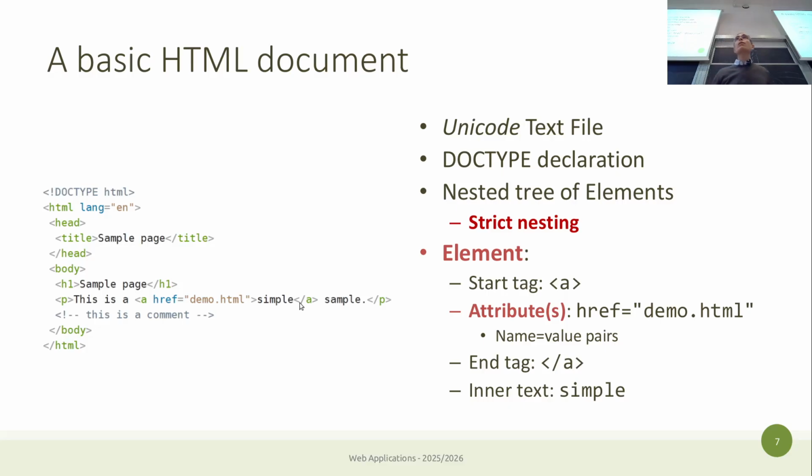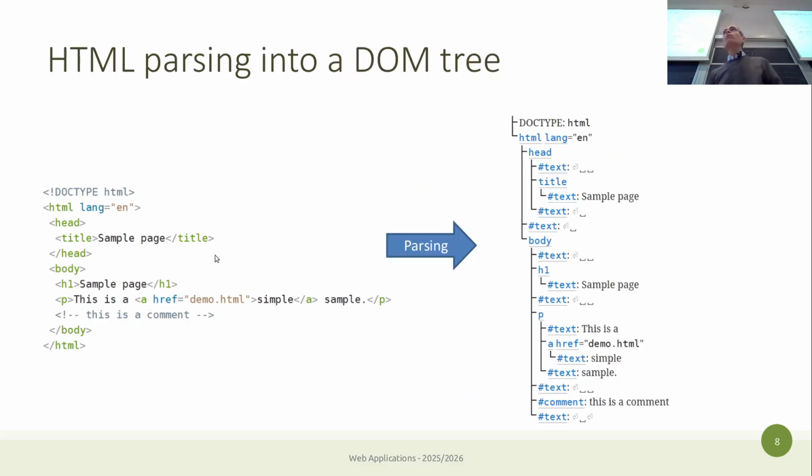Also text content, of course, inner text, okay? Because, I mean, remember, HTML started as a way to write some text with some hyperlinks, which are actually this A tag, okay? So, when the browser receives an HTML document, the first thing it does is parsing. So, basically it means converting this text into a structure in memory that represents this document.